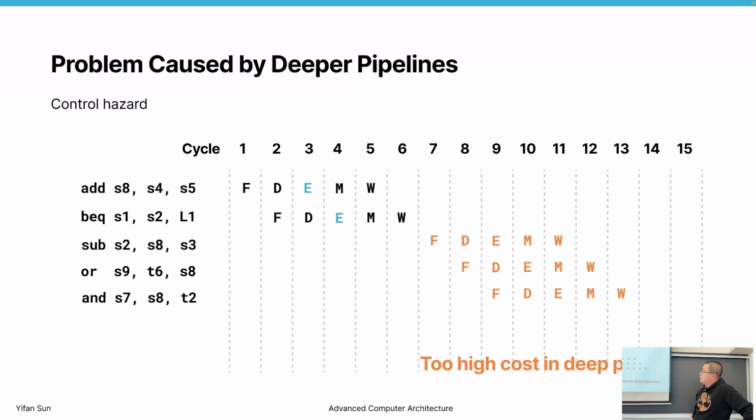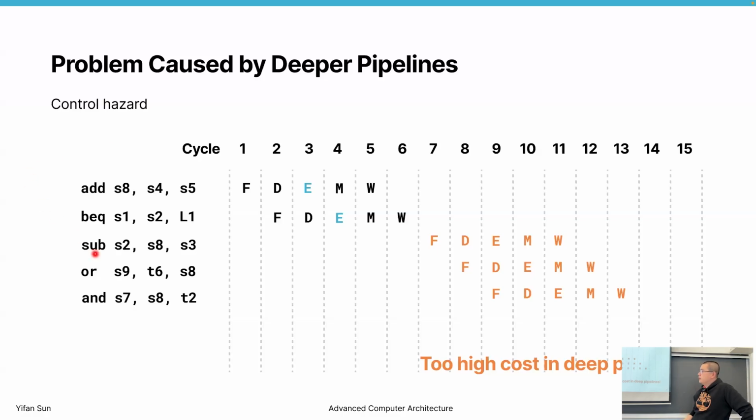This is also called a control hazard. Previously we were talking about WAW and WAR, which we consider data hazards. In this case, we call it a control hazard. Then there's one more type of hazard that we're not going to go into here, which is the structural hazard.